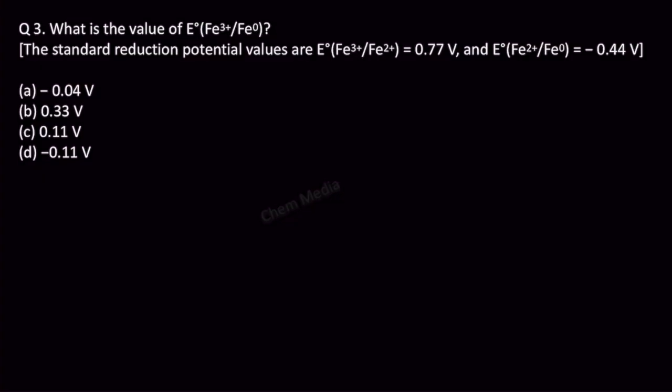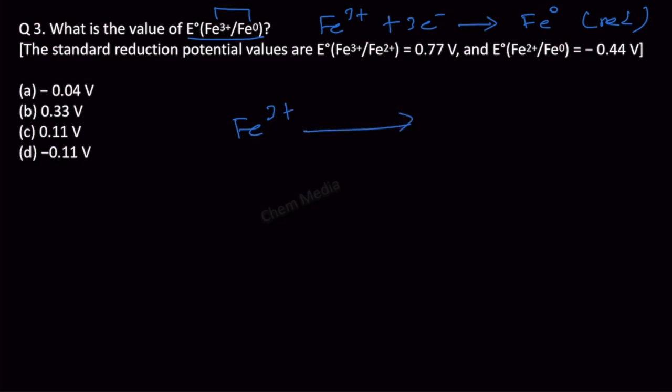What is the value of E0 cell when Fe3 plus becomes Fe0? If Fe3 plus is becoming Fe0, that means it requires 3 moles of electrons, isn't it? It has to gain 3 moles of electrons so that it can become Fe0. So this is reduction. So here we need to figure out what is the reduction potential when Fe3 plus becomes Fe0.